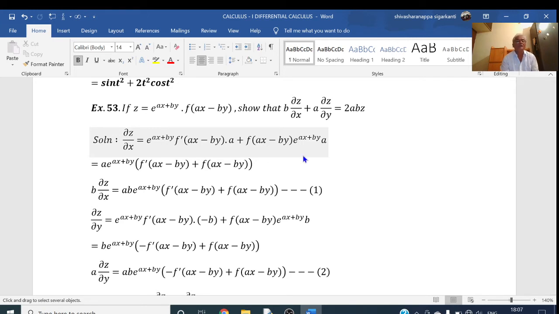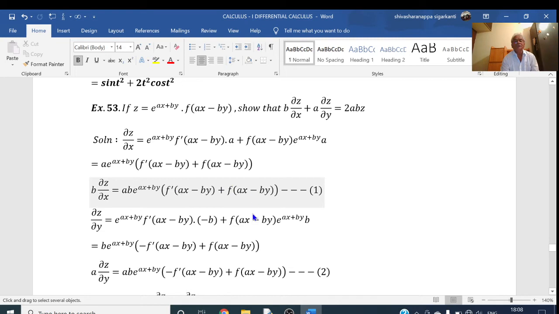Adding 1 and 2, the left hand side is b ∂z/∂x + a ∂z/∂y. On the right hand side, we add the terms. ab e^(ax+by) is a common factor, so I take it out. There are four terms to add.